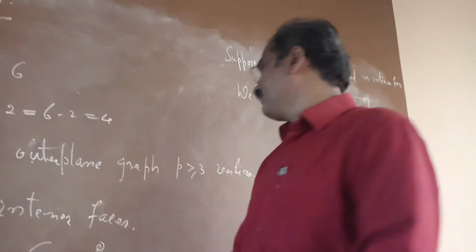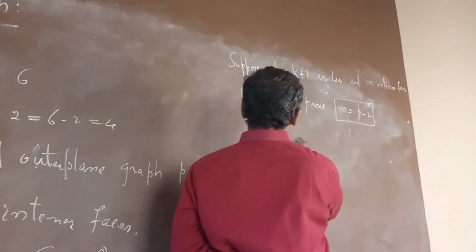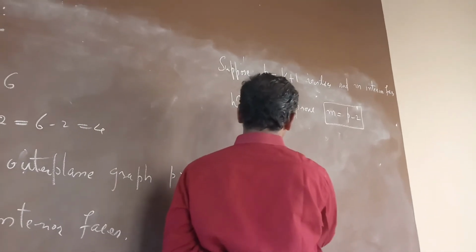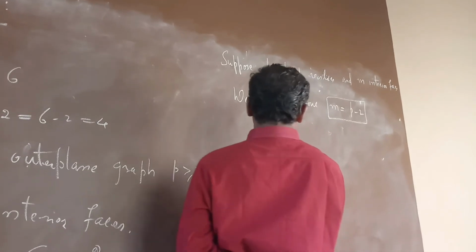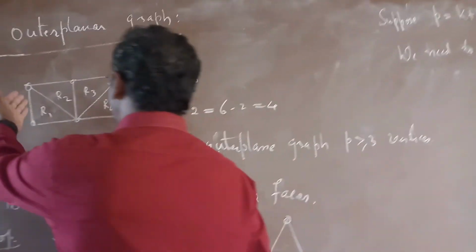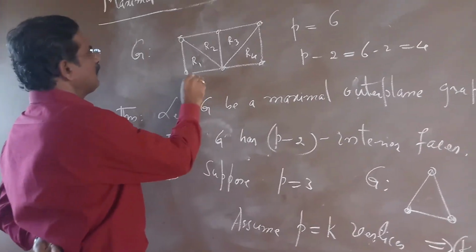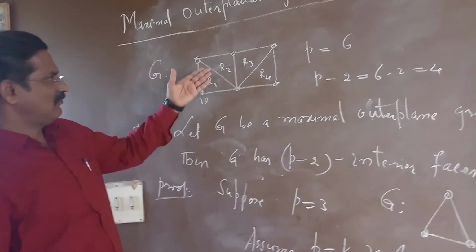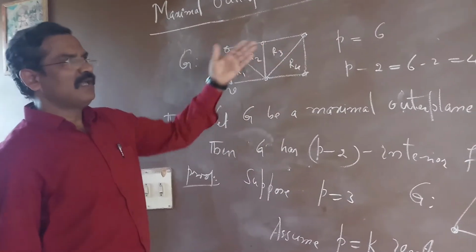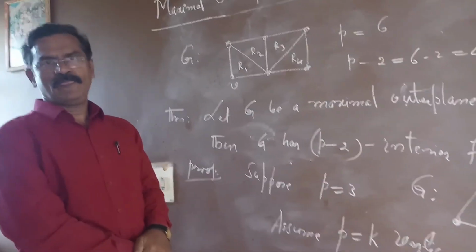Okay, let us think of this. Now we consider a graph which is, of course, a maximal outerplanar graph. Suppose this is an example already there on the board. Let V be a vertex of degree 2.